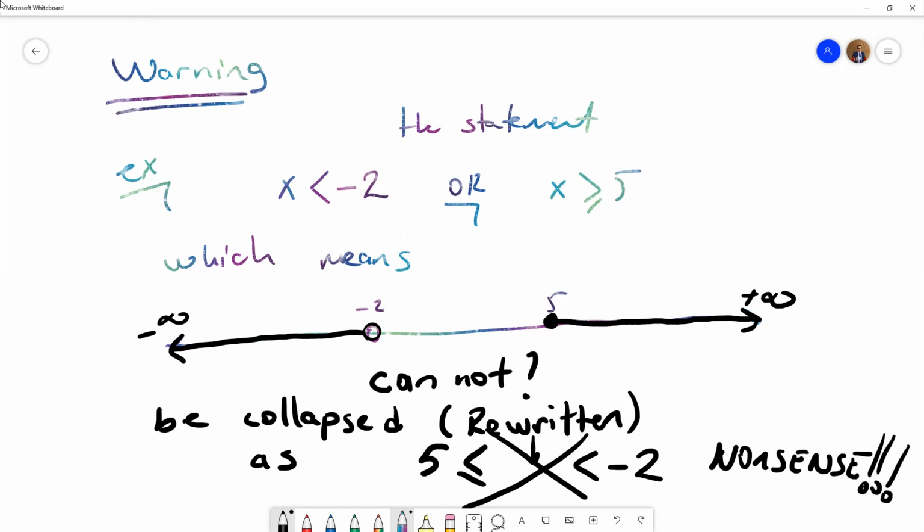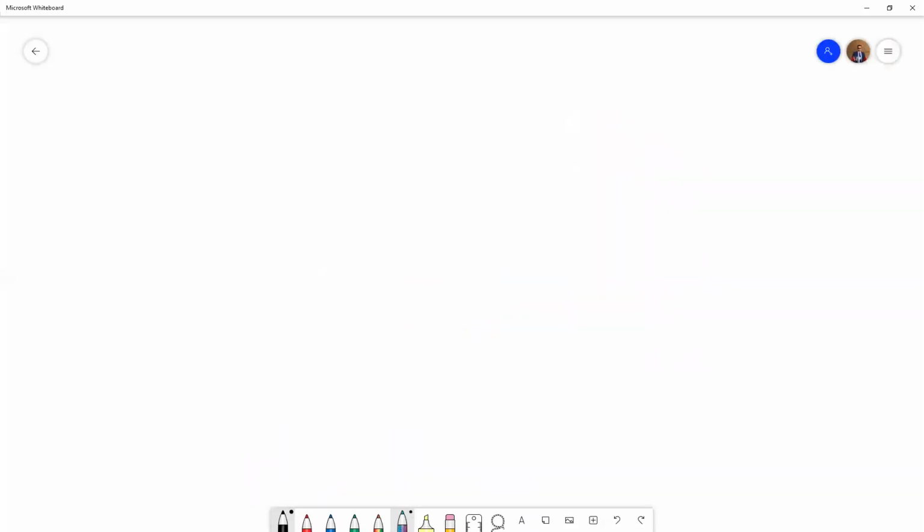So let's open another page now. Now we continue with intervals. So intervals on the real line. Let's give a notation for this one.